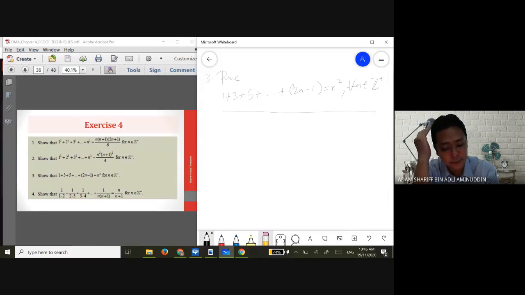Alright. Cuba. Step 1 until step 3. Saya beri masa, ni soalan ni agak pendek untuk step 3 dia. 5 minit boleh. Tak sampai 5 minit. Cuba guna kaedah step 1 until step 3. Try to prove that it is true.